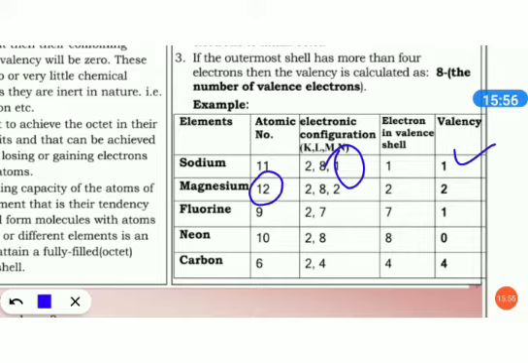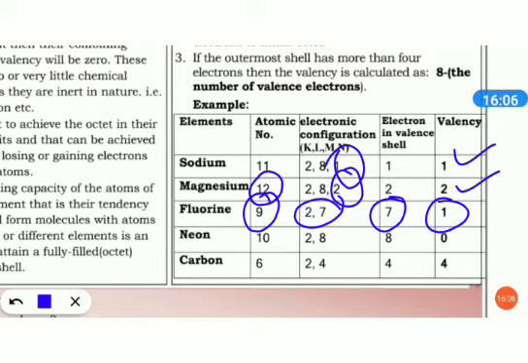Similarly, magnesium, atomic number 12, 2,8,2, outermost shell has 2 electrons, valence is 2. Fluorine 2,7, outermost shell has 7, so it gains 1 electron, valence is 1. Neon, outermost shell is complete, so valence is 0. Carbon has 4 electrons in its outermost shell, so valency 4.